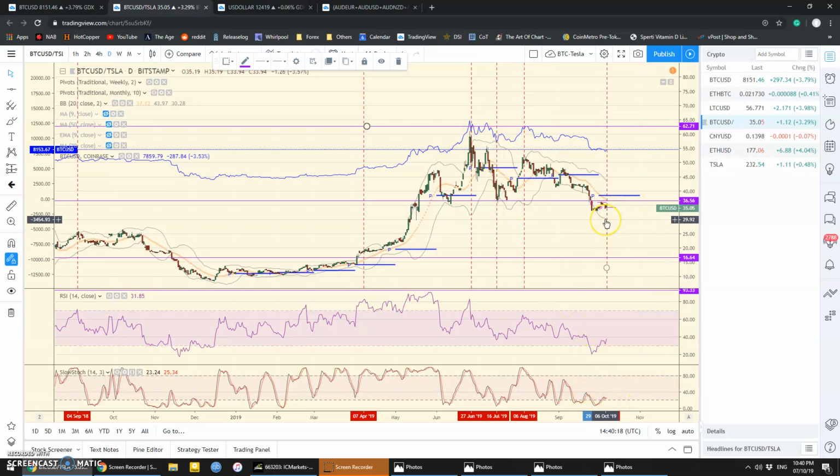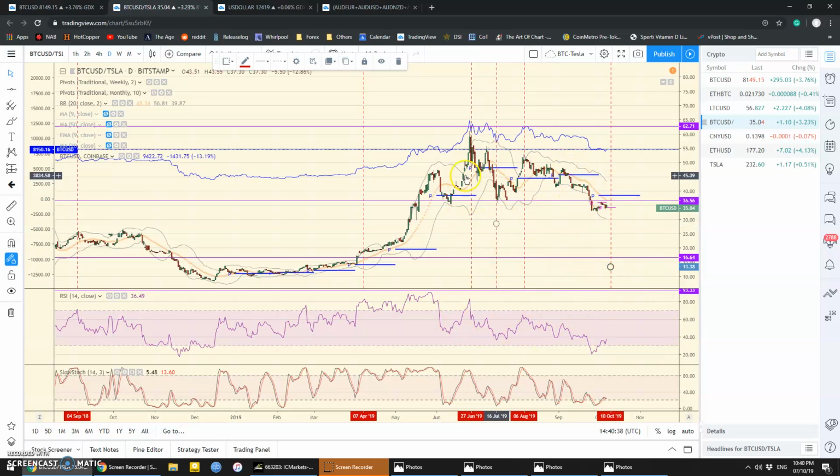And if we get a nice extension of the lower boundary, then that would be a bullish indicator, which would be my indicator to buy. So it sounds complicated, but actually it's just a visual interpretation, and it's something that can be easily done. It's just a matter of understanding the correlation.